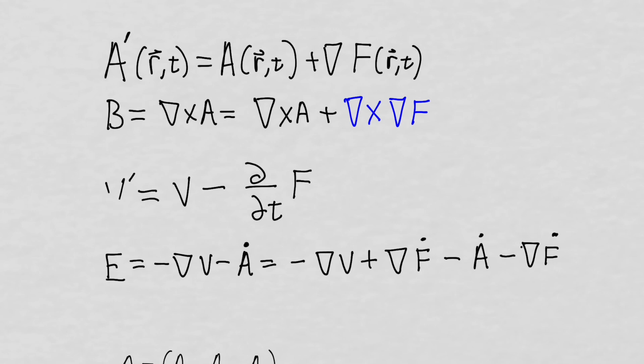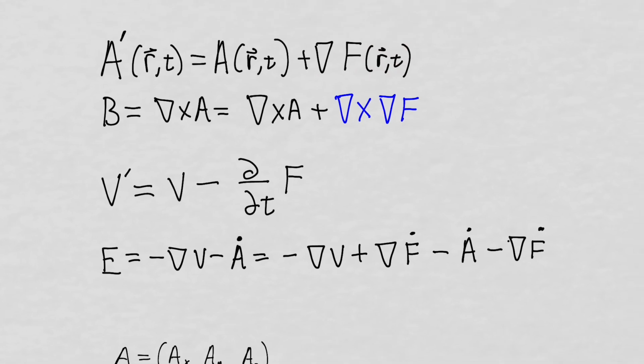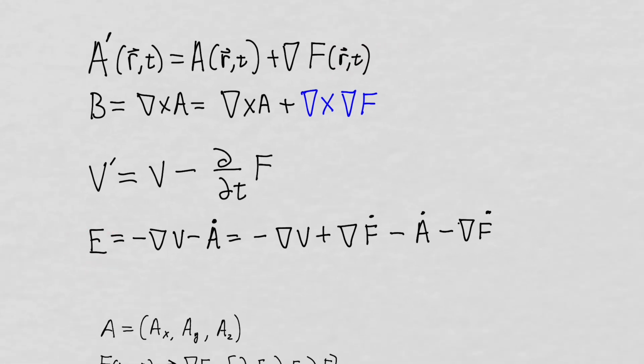And likewise, a gauge transformation of the scalar potential is similarly executed using the same gauge function. And the electric field is also preserved under gauge transformations because when you execute the gauge transformation and convert V to V prime and A to A prime, you end up with these scalar function terms canceling out to zero, leaving it unchanged.